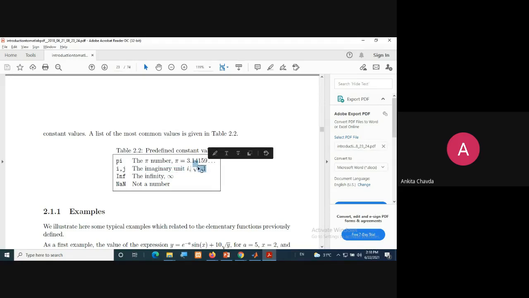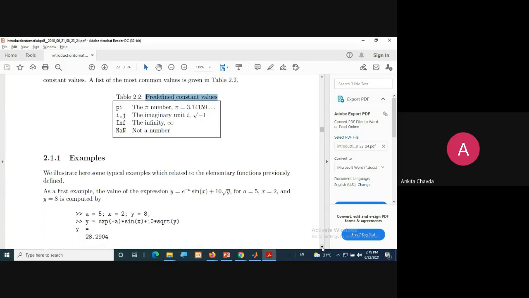Then Inf is for infinity, and NaN is for not a number. These five are the predefined constant values. It could be asked in the exam.